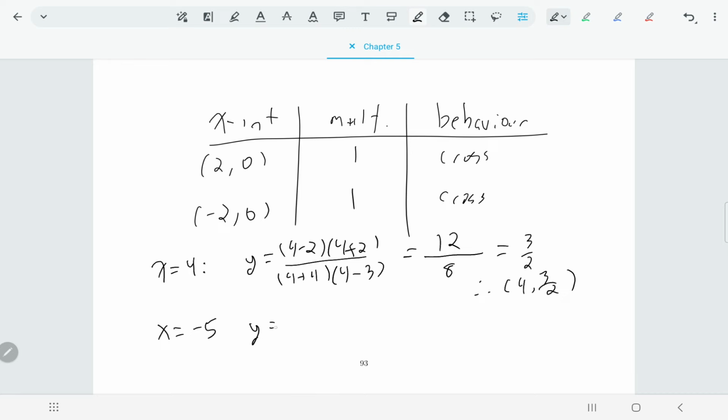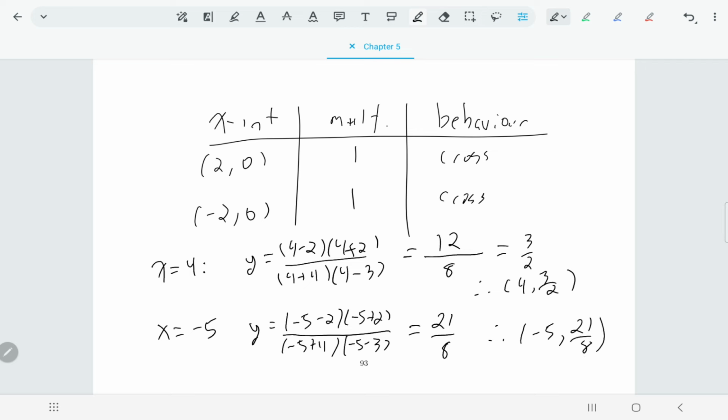And so if I put in -5 for x, that simplifies to give me on the top +21, and on the bottom +8. So we have the point (-5, 21/8). 3/2, that's 1.5. 21/8, that's 2.5-ish, a little bit more than 2.5.